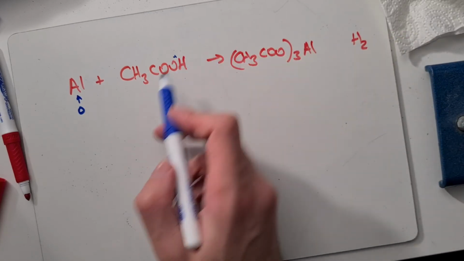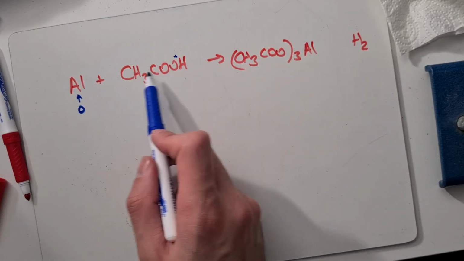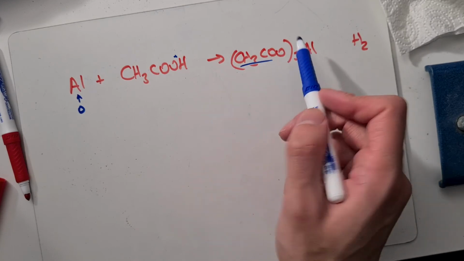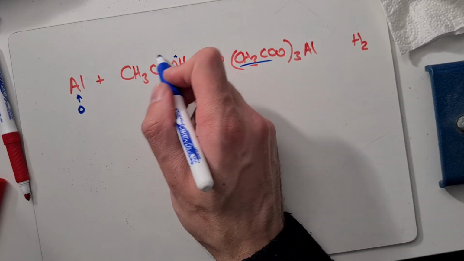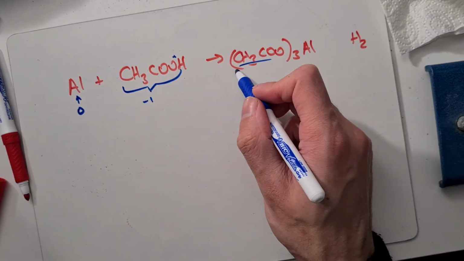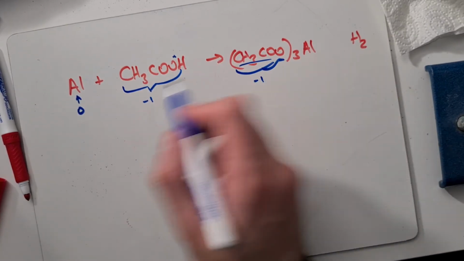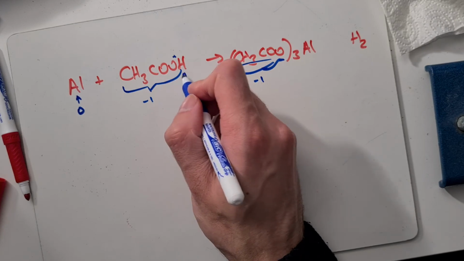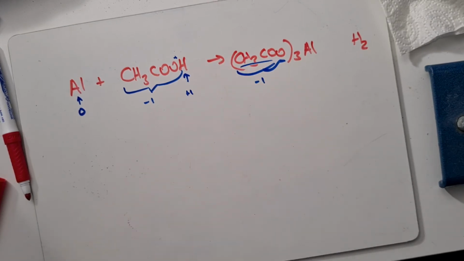The reason I don't have to go into everything on here is because it just goes to CH3COO over here, and all combined, that's a single -1. All their oxidation states are going to be the same. Then we've got the hydrogen that's +1 on the end.